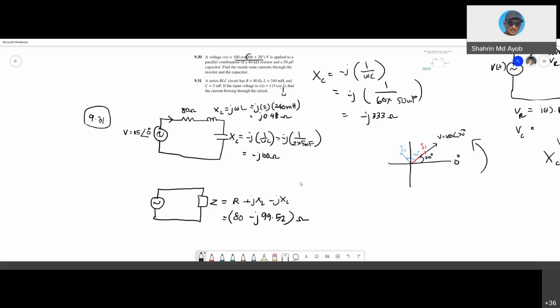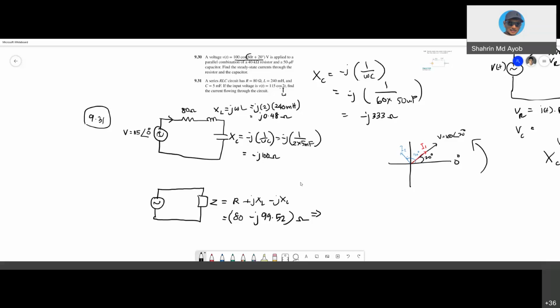So from here you can convert this rectangular form into a polar form. So for 80 minus 99.52 j, I hope you are able to use your calculator.